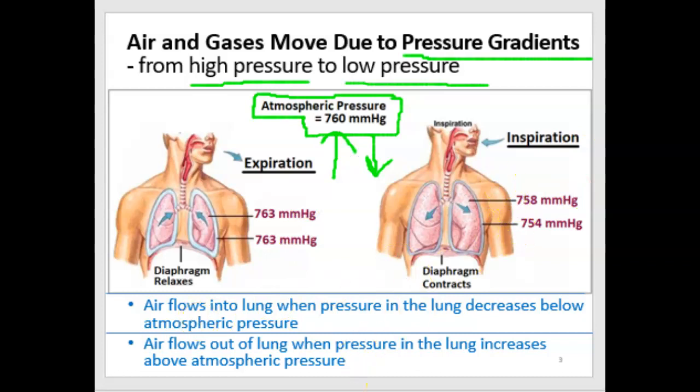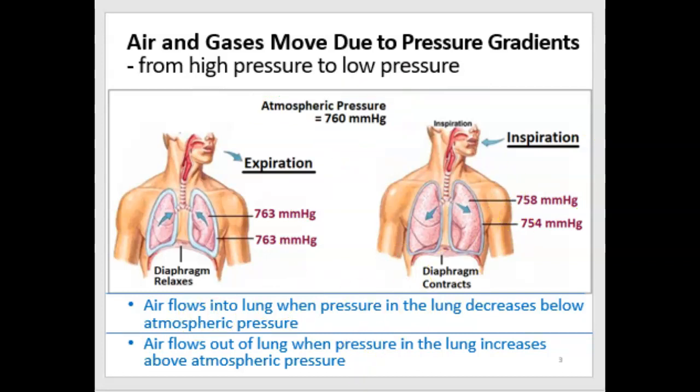So notice the numbers that are shown in this picture on the right. During inspiration, the pressure inside the lungs is 758 millimeters of mercury, which is lower than 760. So air will move down a pressure gradient from high to low and into the lungs.